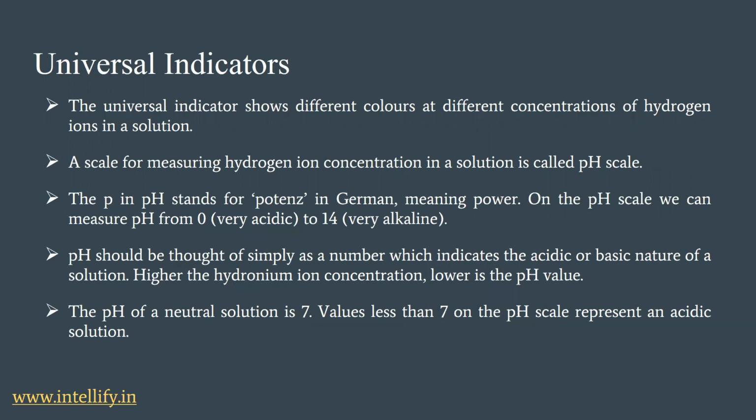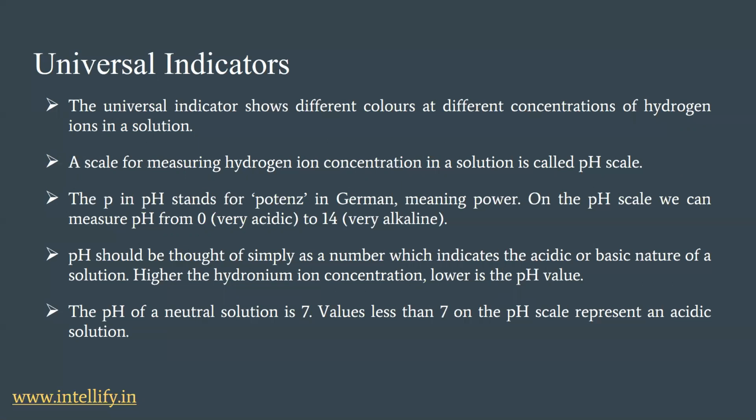The universal indicator shows different colors at different concentrations of hydrogen ions in a solution. With the help of these indicators, we can find how many hydrogen ions are present, and we will also be able to know how strong or weak an acid or a base is.